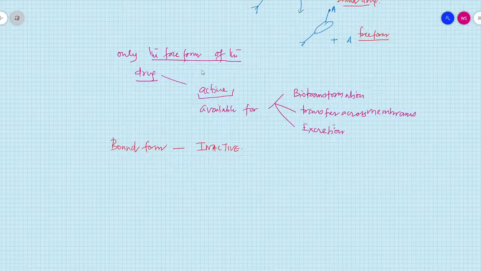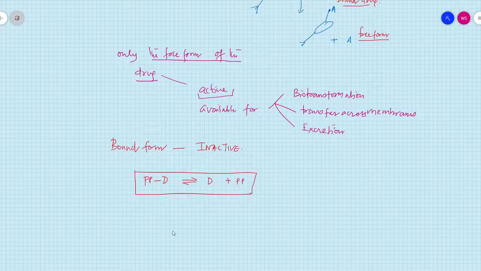So now we have an equilibrium. We have the plasma protein which is bound to the drug, and this is in equilibrium with the free form of the drug and plasma protein. This is ultimately what we understand from our discussion thus far.